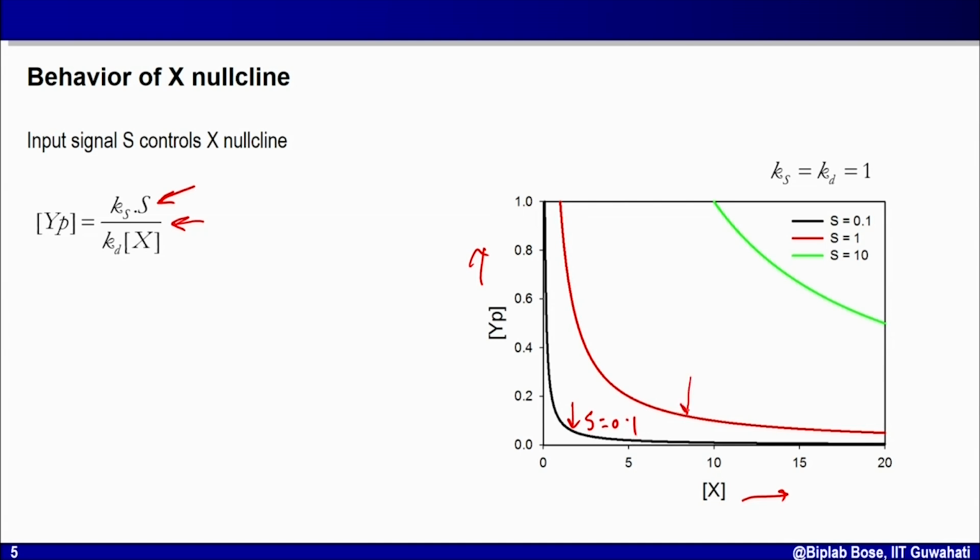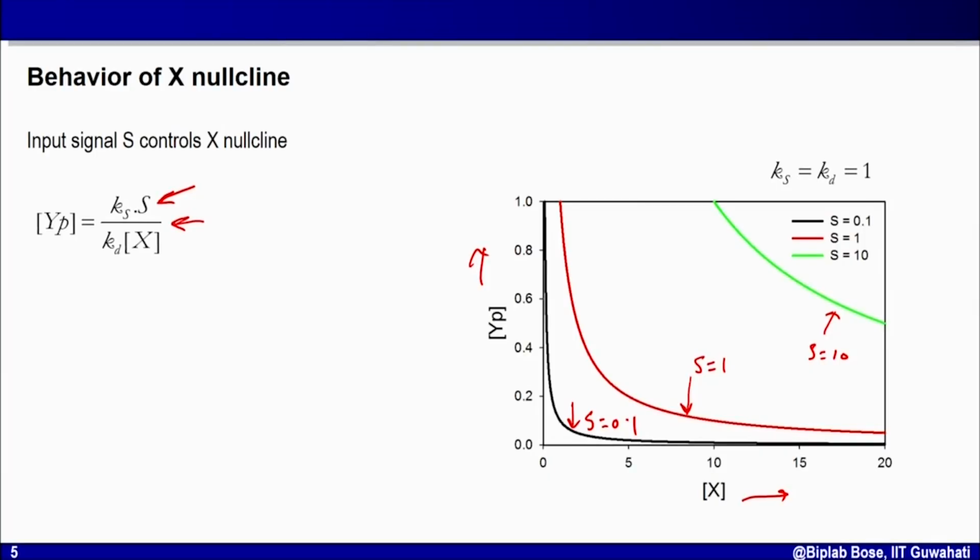As I increase the signal S from 0.1 to 1, I get this red curve moving towards the upper right, and when I increase S further, 10 times, to S equal to 10, I see it moving further towards the upper right corner. So that means the X nullcline is sensitive to S, and remember, the YP nullcline was not sensitive to S, the input signal.